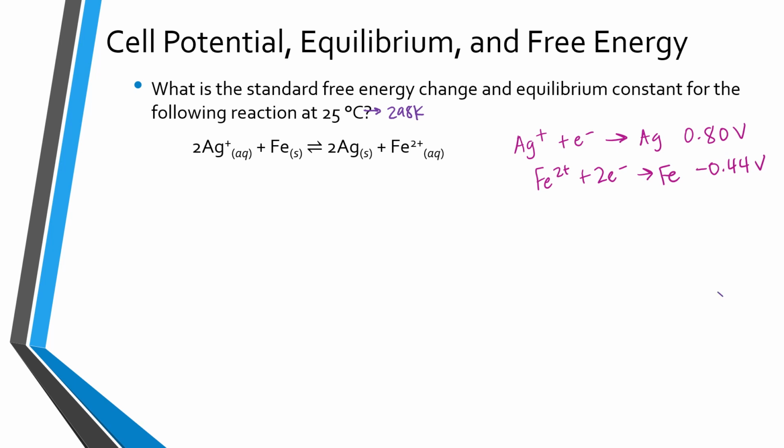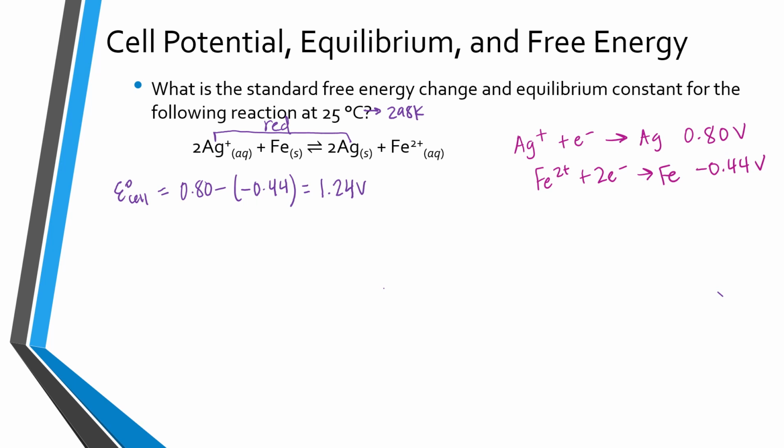So I have silver being reduced here. So I've got to do silver minus iron. So I've got 1.24 volts is my standard cell potential.